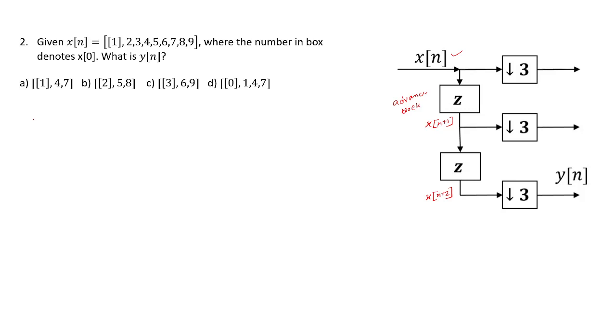So let us write down the expression of x n here. Which is denoted as, this box by the way denotes the position of 0th index. Now we need to find x n plus 2.